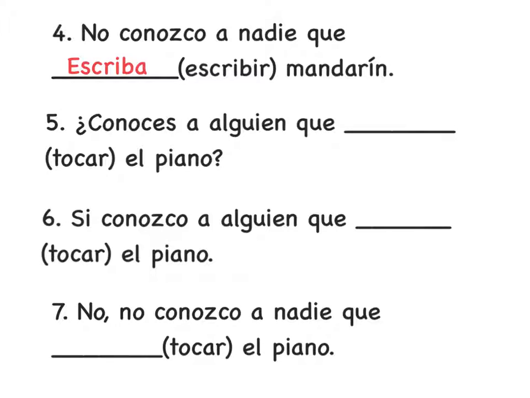Okay, this is an irregular verb, by the way, and this is a question, and we study in this class that when we have a question, we're going to use the subjunctive. Why? Because we don't have the information, okay? We are asking for the information. So the conjugation would be, ¿conoces a alguien que toque el piano?